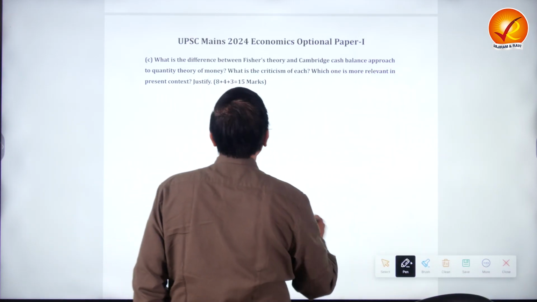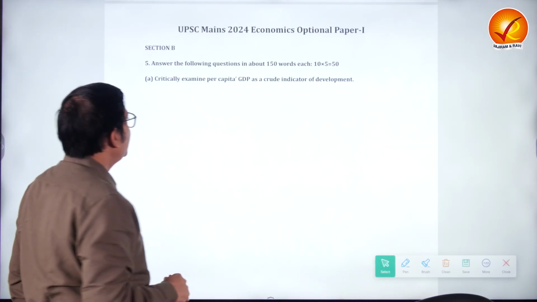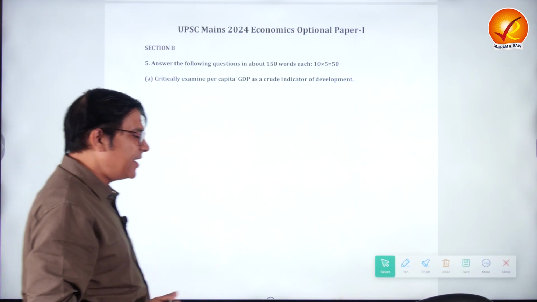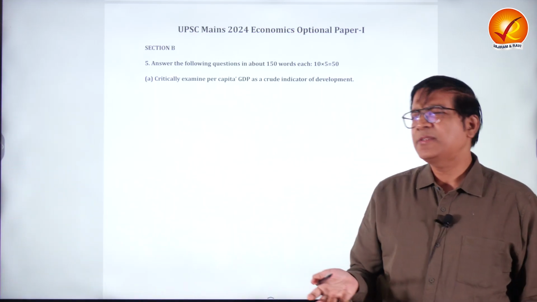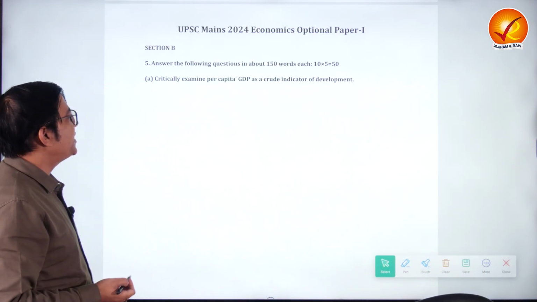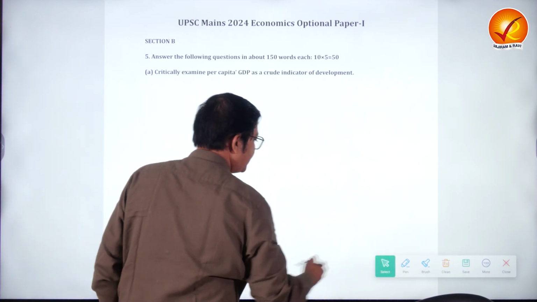Going further, we are now into the second section. Critically examine per capita GDP as a crude indicator of development. I would say again a very easy and very descriptive question. Critically examine, as in why it can be taken as an indicator and why it is not.